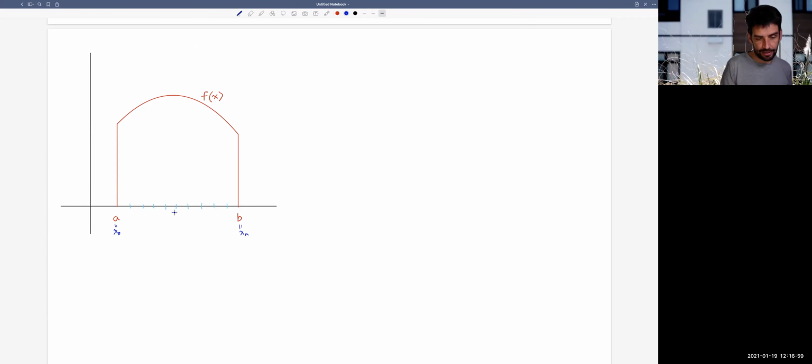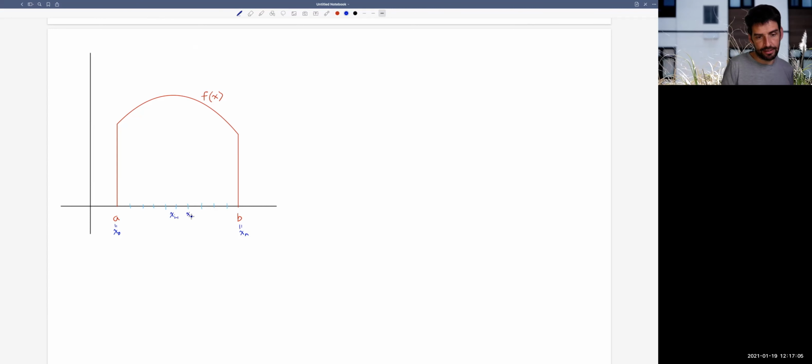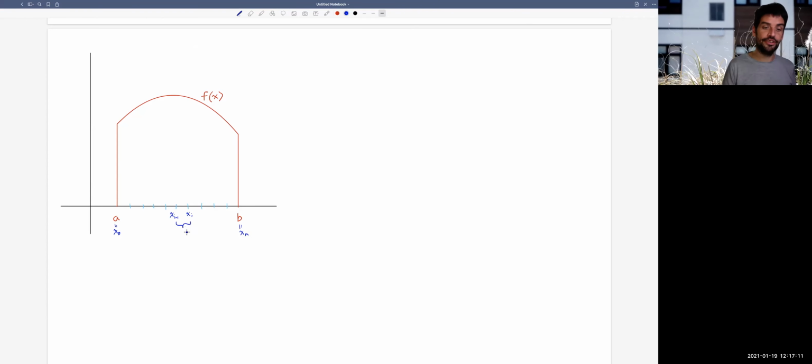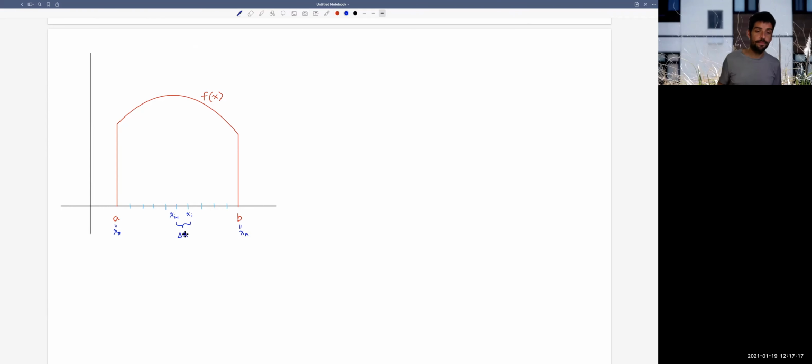If I pick some interval in the middle here, I might have x sub i minus 1 and x sub i. And we're going to look at this particular interval. We'll also have our usual notation. The difference between each of these x values is delta x. Okay.